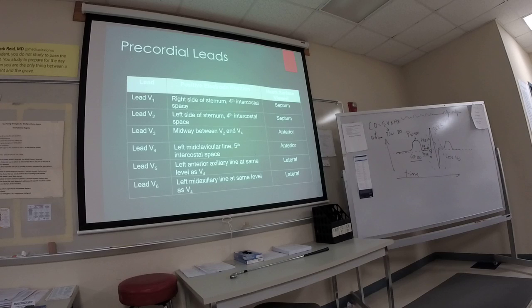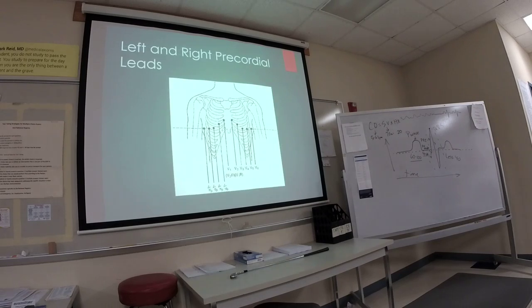But you will need to know how to apply the EKG and the 12 lead. This is on the right side, but V1, V2, V3, V4 goes right underneath the nipple, and then you have 5 and 6. V6 is mid-axillary.